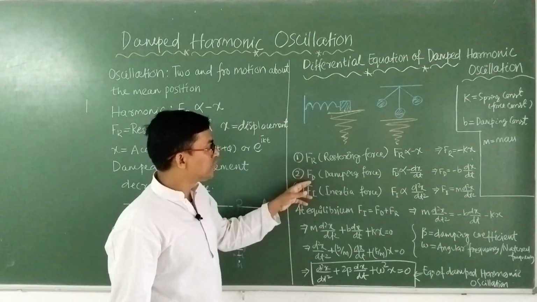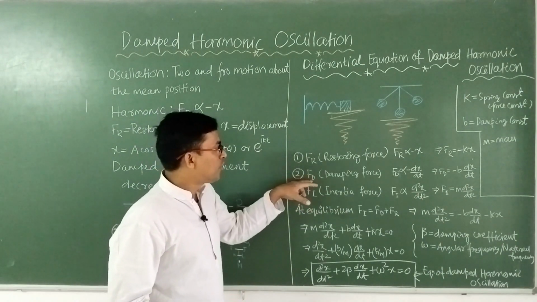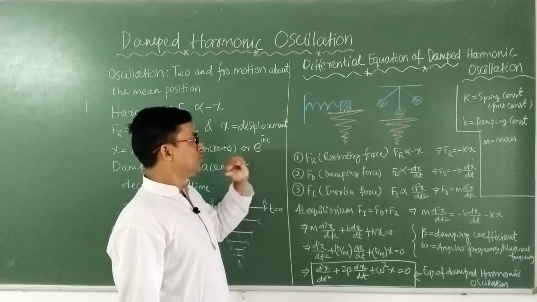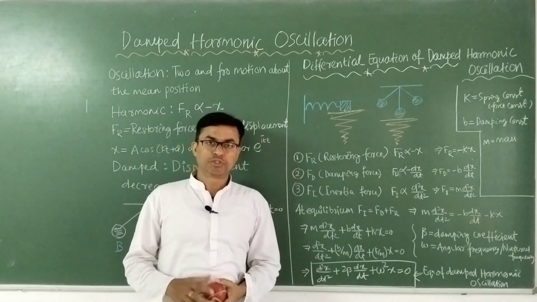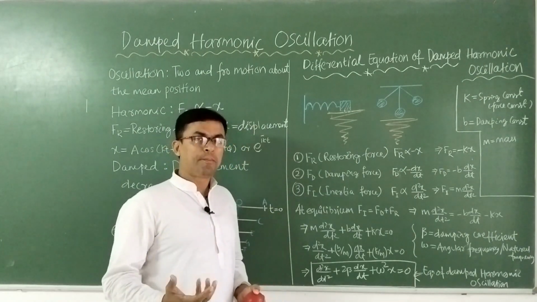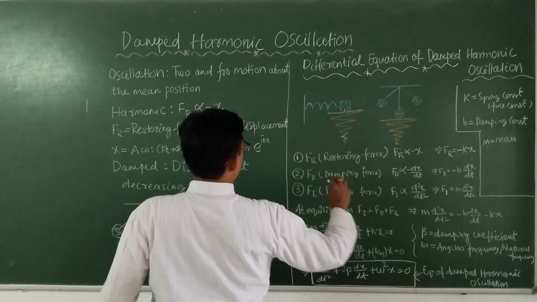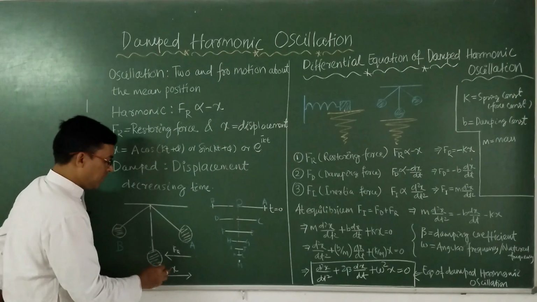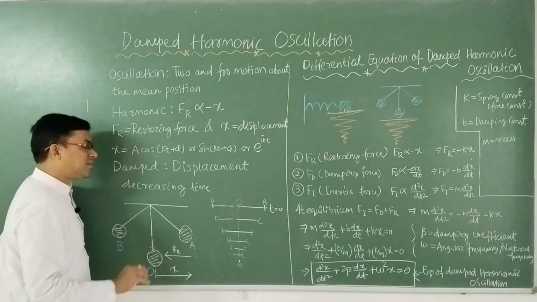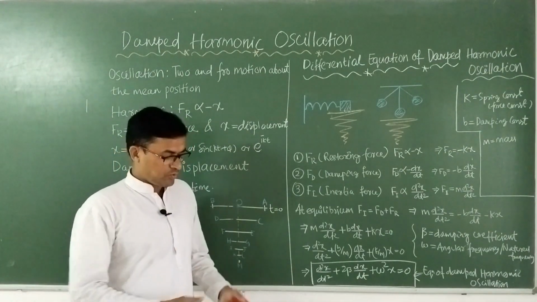And next we come to the another force, which is called the damping force. Damping means, as I told you, when the amplitude is reduced; damping means decreasing. So here we can observe, when the displacement is in this direction, there is a force due to this medium.